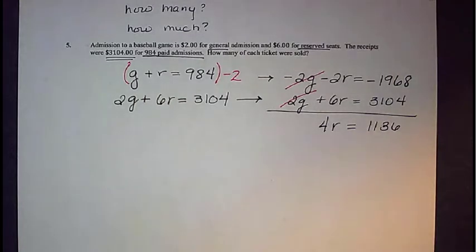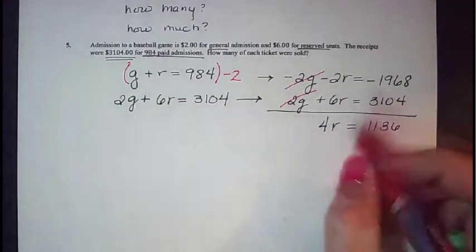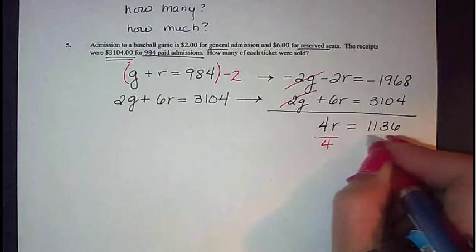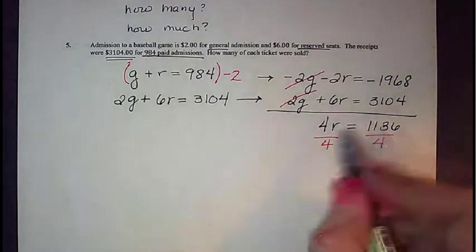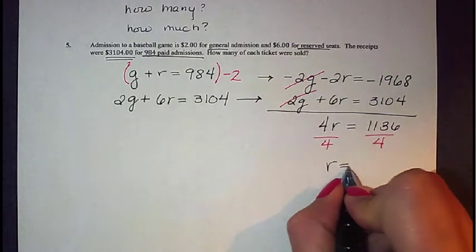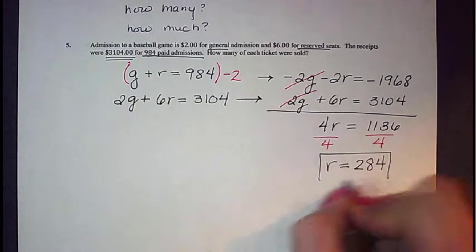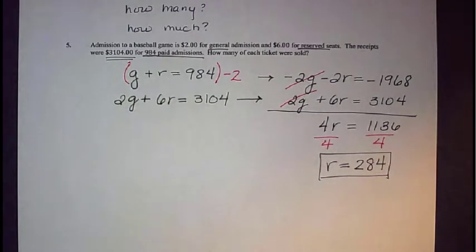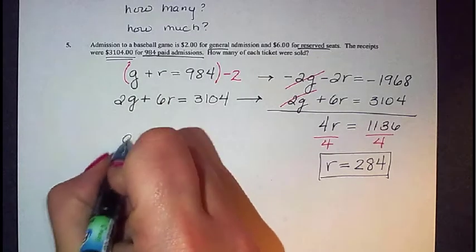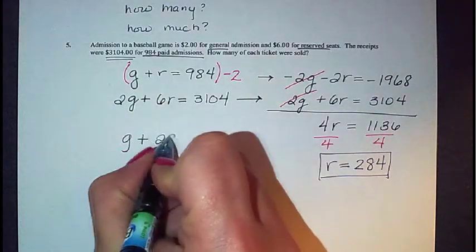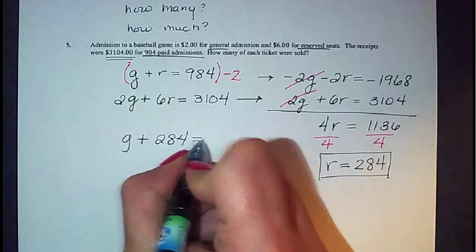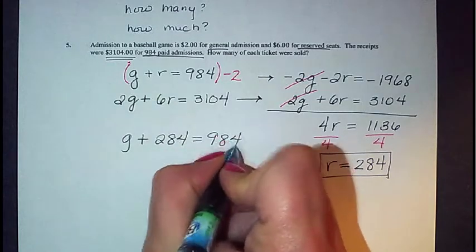So now all we got to do is solve for that R. So we're going to divide by 4 on both sides. And we get that we sold 284 reserved seats. And that's just, again, part of my answer, because remember, I'm wanting to know how many tickets of each type were sold. So I know I sold 284 reserved. So now we're going to go G plus 284 equals 984.